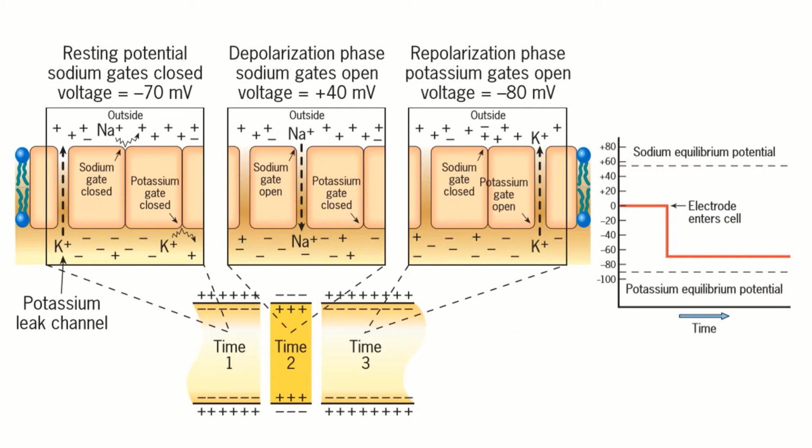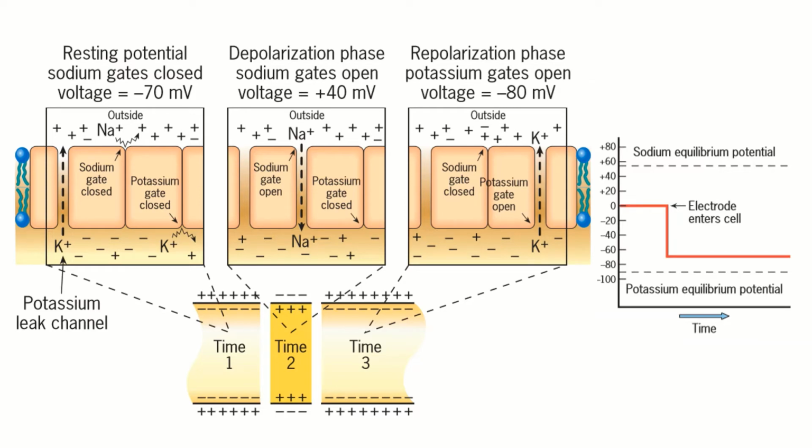So here is an illustration of what's happening on the cell membrane. We are talking here again about channel proteins, particularly ion channels. We see here in the illustration on the left how the potassium leak channel found on the cell membrane of the neuron is always open.